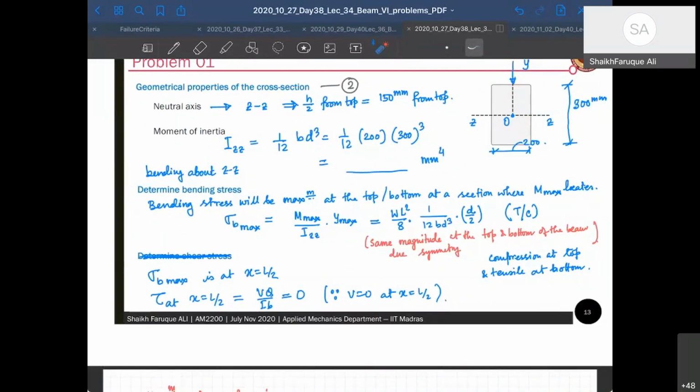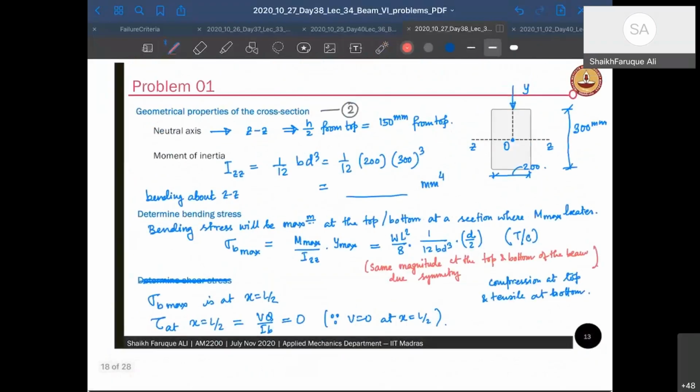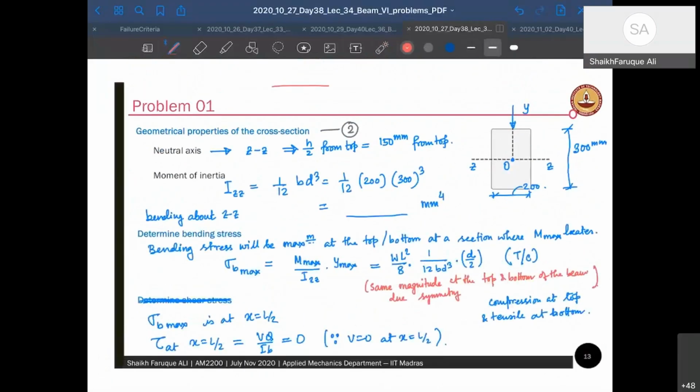Now determine the bending stress. How do you determine bending stress? I have to determine bending stress at the location where bending moment is maximum. That is what is written here. So sigma b is M max by IZZ into y max. Remember, if you have a beam like this, bending stress is going to be like this.